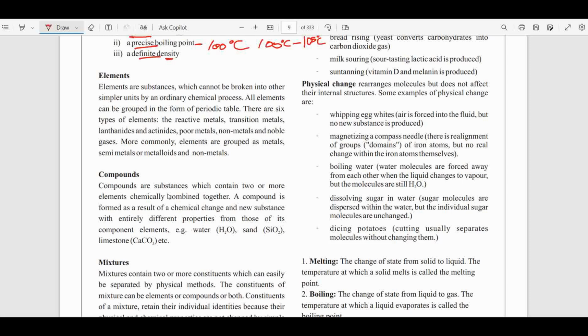Of course, copper can participate in a chemical reaction to form other compounds, but it cannot be reduced any further than what it is already. And of course, we know the periodic table is that table that groups all these elements in different categories for easy identification based on their properties.